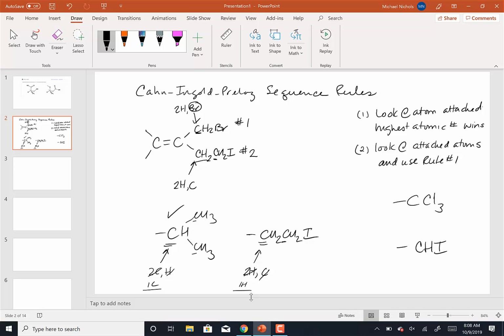And your periodic table has F, Cl, Br, and I. That's your halogen ranking in the periodic table. So between these two, who wins? CCl3? CHI?